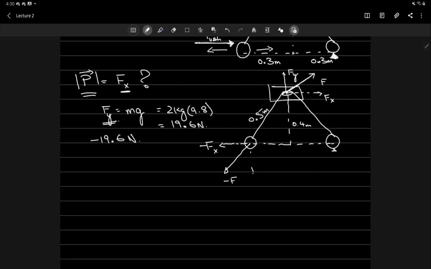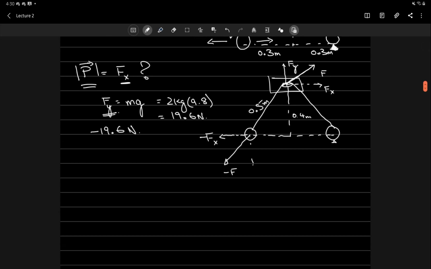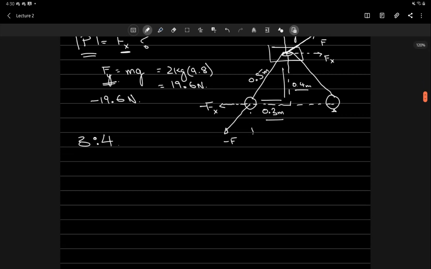So the ratio horizontal to vertical side would simply be 3:4, because this one is 0.3 meters. And again, due to similar triangles, this would be the same as the ratio of Fx to Fy, right?